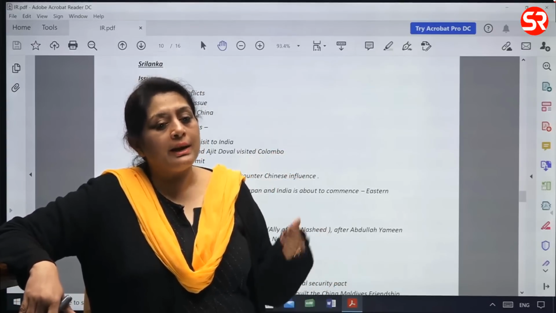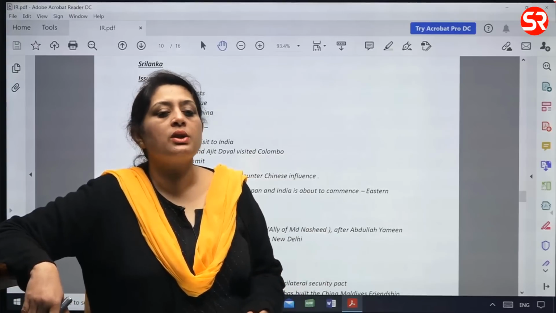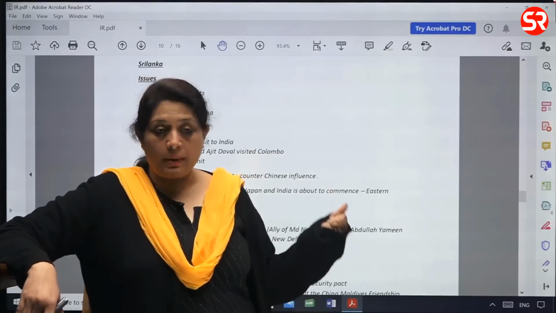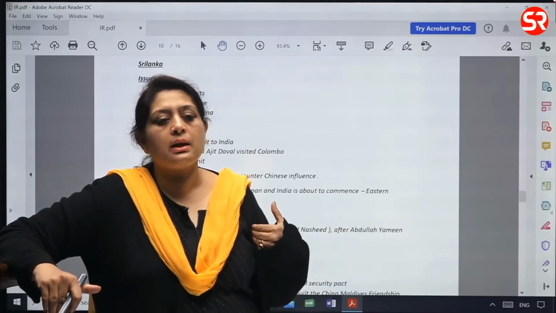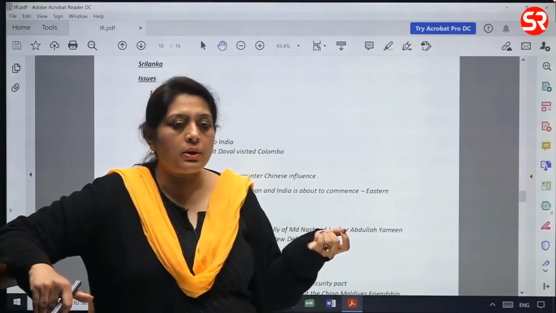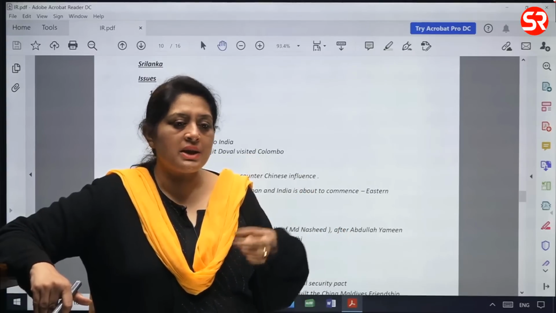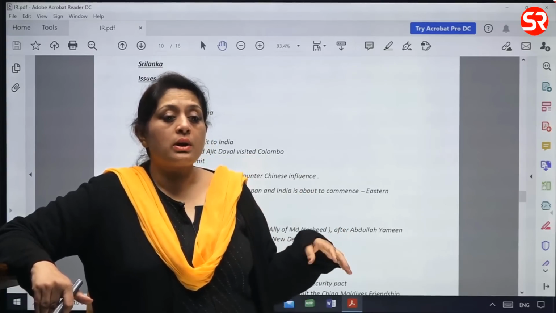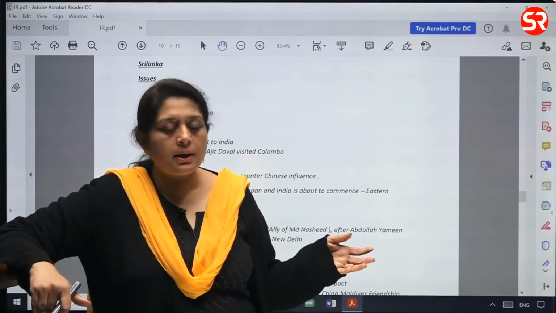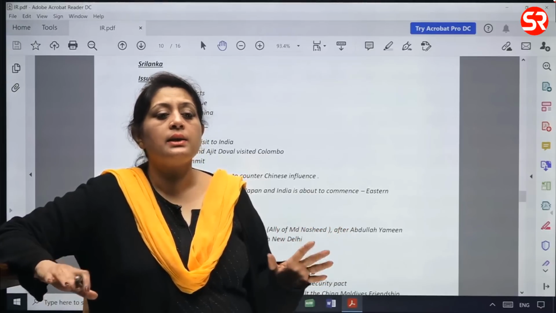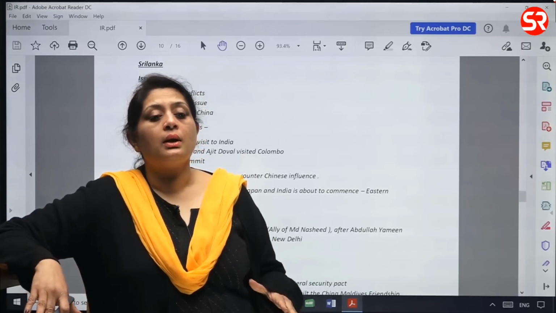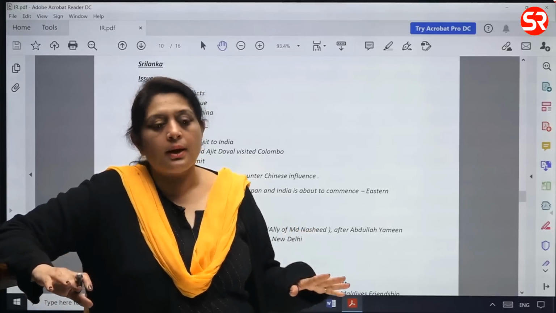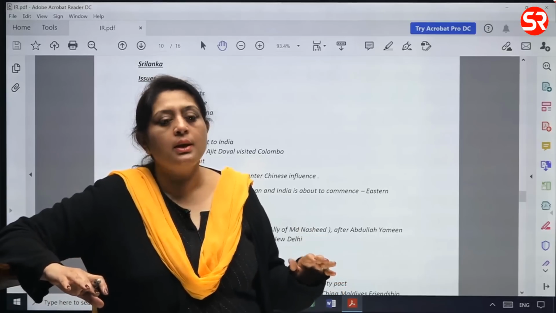And now again, when the Rajapaksa brothers are in power, though officially they have held that India is their relative and others are their neighbors, yet we cannot take their words for granted, and India is making its attempt to keep Sri Lanka under its influence.